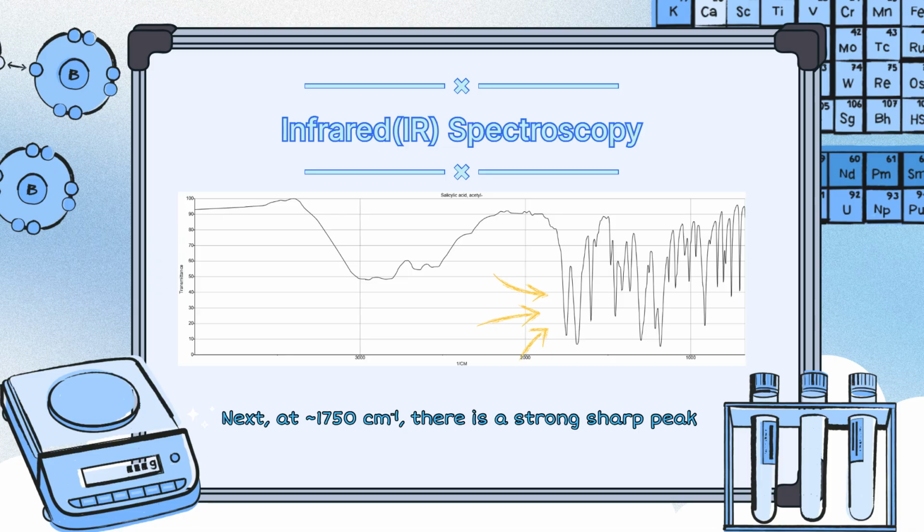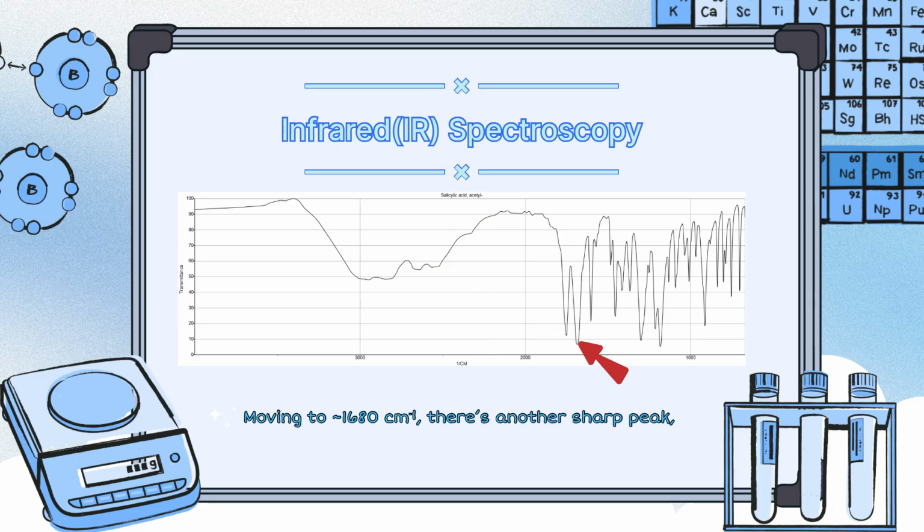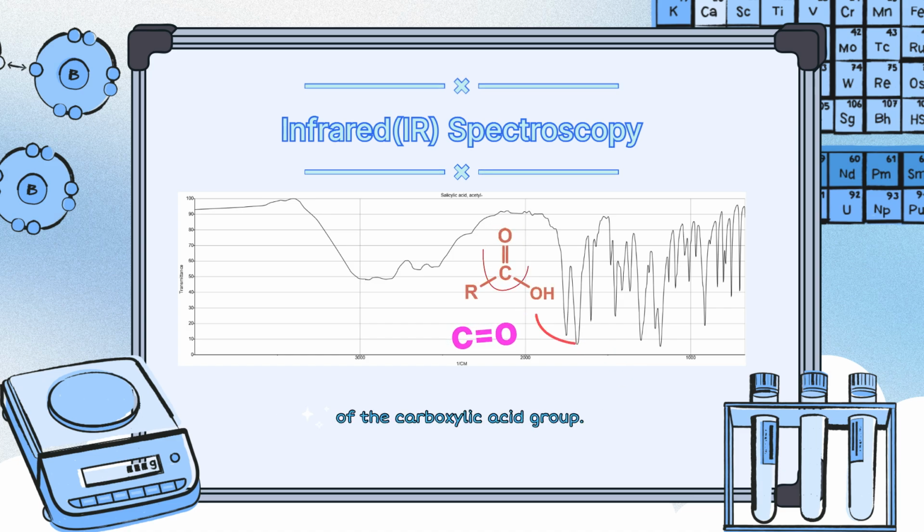Next, at 1,750 per centimeter, there is a strong, sharp peak. This corresponds to the C=O stretch of the ester group in the acetyl part of aspirin. Moving to 1,680 per centimeter, there is another sharp peak, which represents the C=O stretch of the carboxylic acid group.